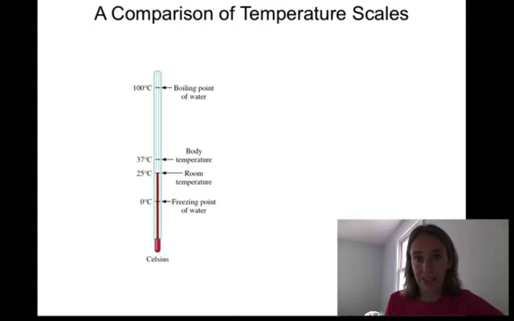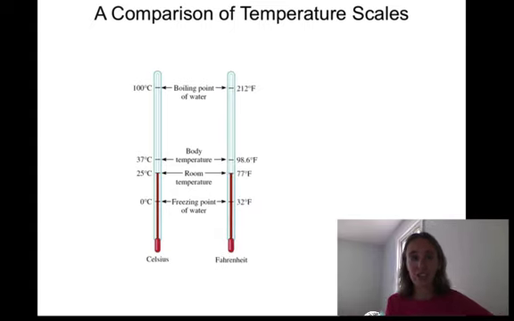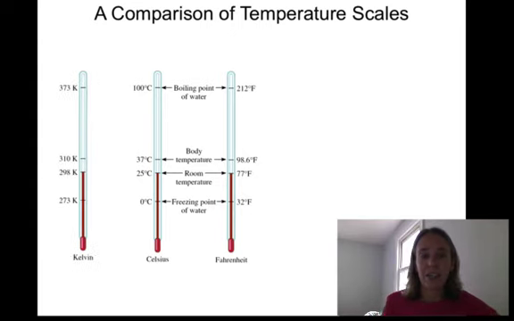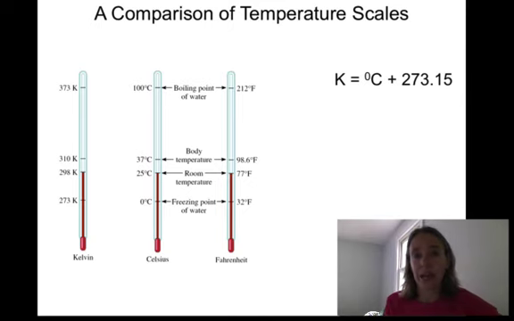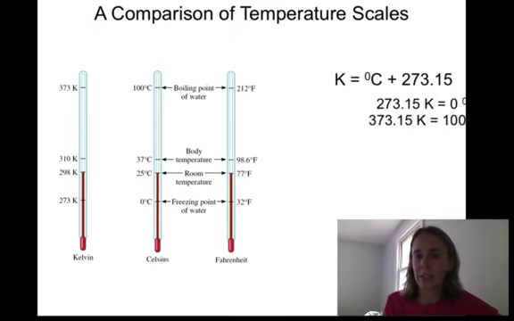Nice round numbers, much more logical than Fahrenheit, where freezing is at 32 and boiling is at 212. Kelvin is simply Celsius plus 273.15. And we use Kelvin in chemistry because 0 Kelvin is equal to absolute zero. So this makes this scale very handy for gases, and we'll get into why later on in the course.